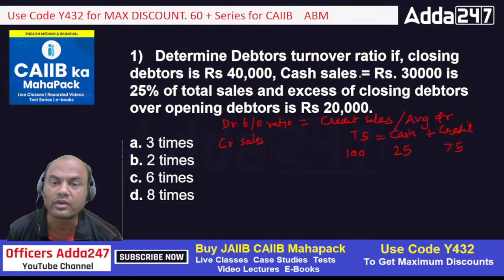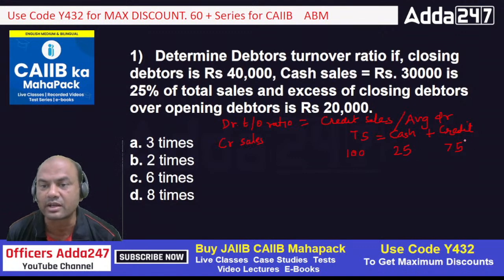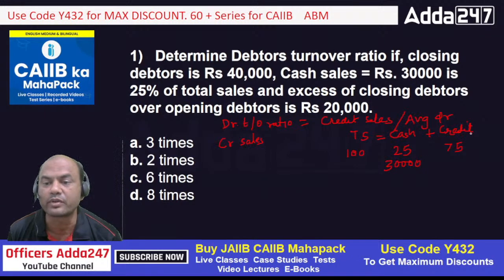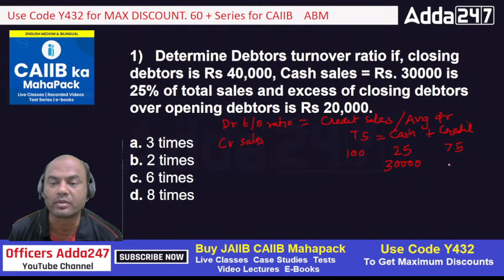Now, if 30,000 is the cash sale, what will be the credit sale? Tell me fast.